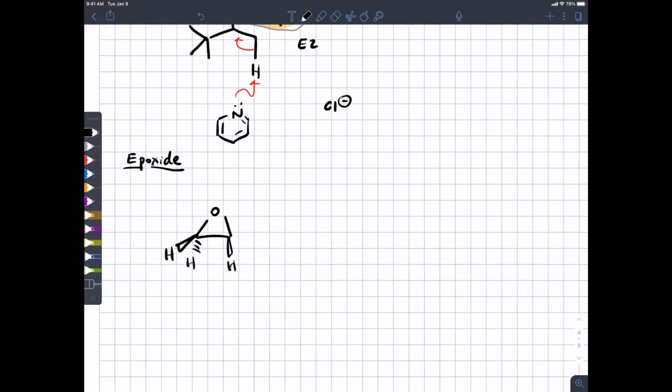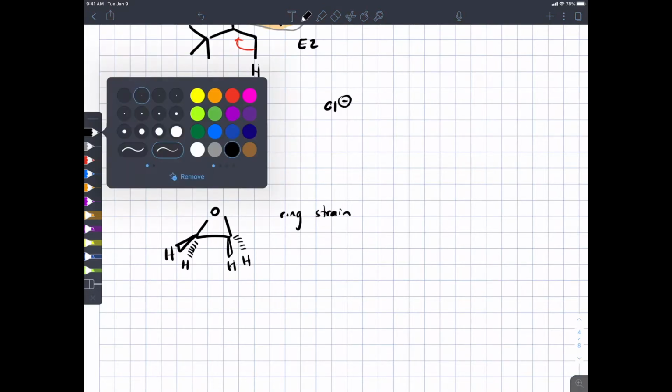You might expect, like cyclopropane, there's a lot of ring strain here. And so even though a negatively charged oxygen leaving is a bad leaving group, the ring strain that you relieve if this oxygen were to get attacked totally pays for the negatively charged oxygen being a leaving group.